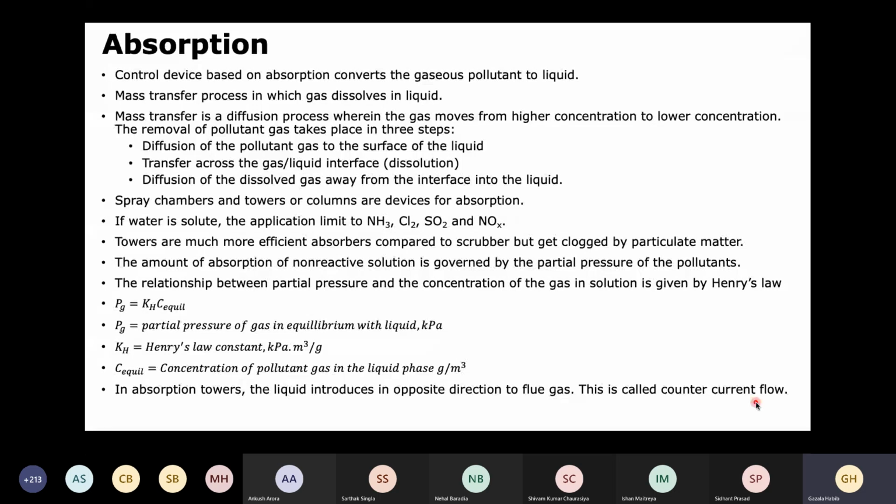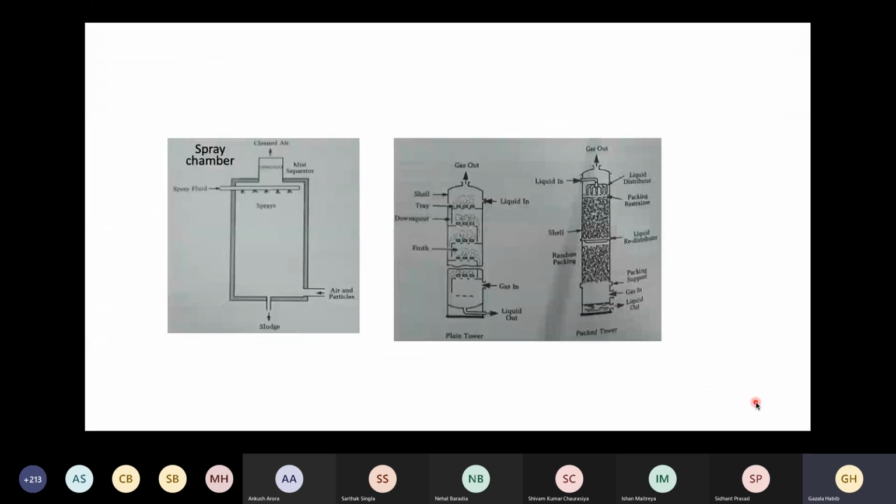The liquid flow is always introduced in the opposite direction to the flue gas, and this increases the efficiency of particle or pollutant removal.